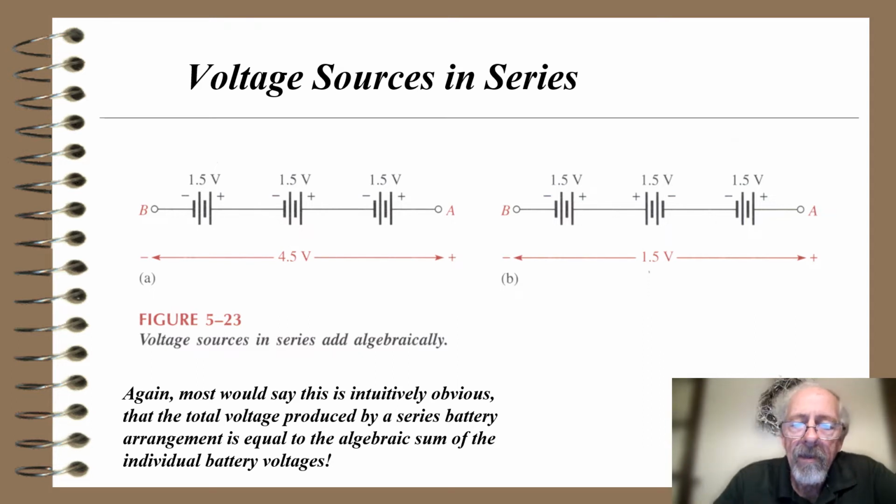On the other hand, in part B of figure 5.23, notice that the middle battery's polarity is plus to minus, with a plus on the left-hand side as opposed to the 2 outer batteries with a plus on the right-hand side. What happens is that voltage subtracts, and basically you could say 2 of those batteries just cancel out, leaving 1 battery, or the 1.5 volts.